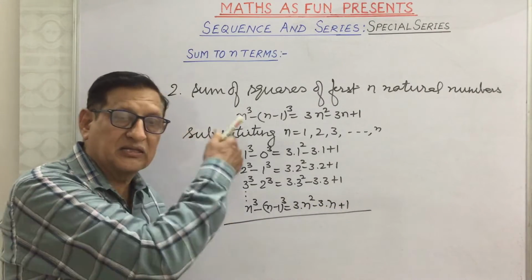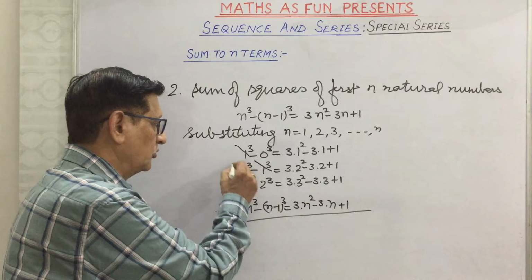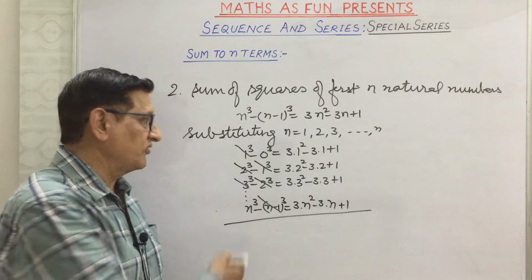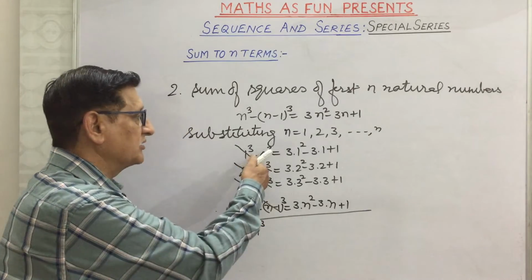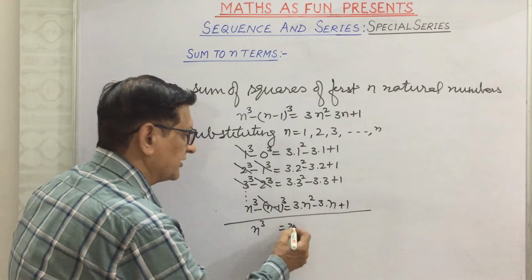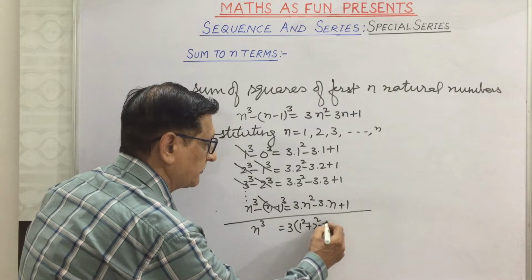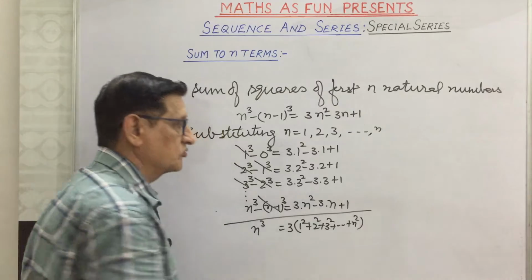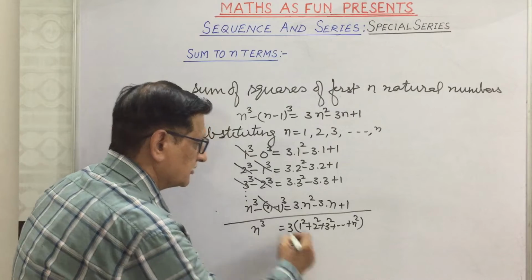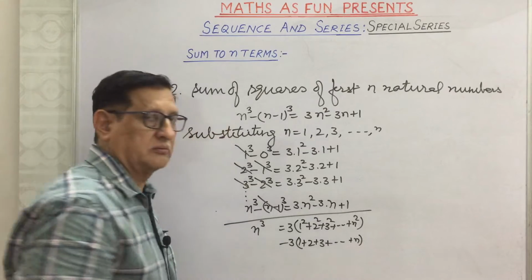Now if we add them column wise, we find here 1 cube cancels, 2 cube cancels, and so on, all the terms will be cancelled till here, and we will be left with n cube minus 0 cube, that is n cube. Here if we add them column wise, we are getting 3 common in the first column, and this comes as 1 square plus 2 square plus 3 square up to n square, minus, when we take 3 common, 1 plus 2 plus 3 plus so on up to n.